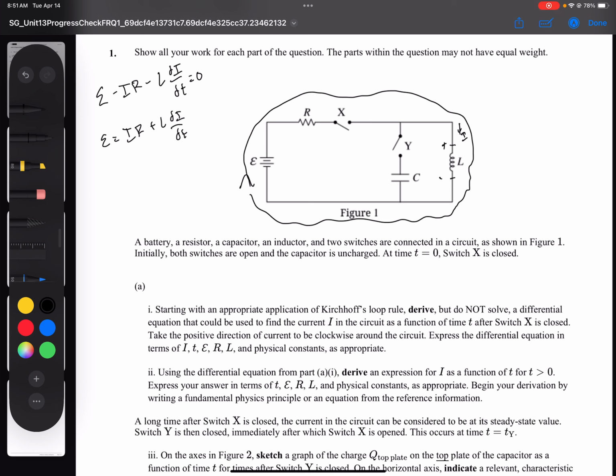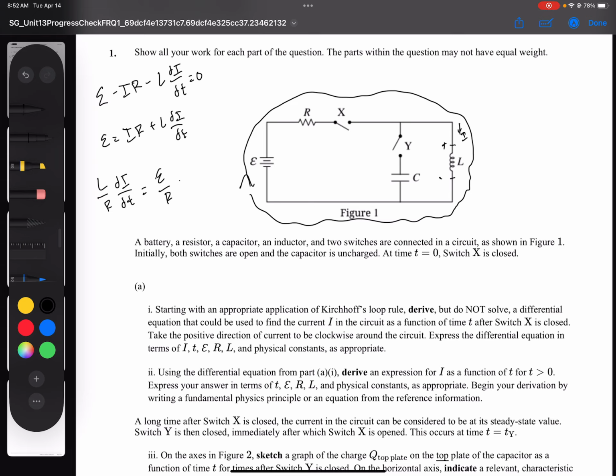So now let's set up the differential equation, and I'll solve it as well, because we had to do it for part 2. So here we need to separate our variables. All right, so I have L over R times di over dt equals epsilon over R. So what I'm doing at this point is just all the algebra steps to set up our equation.